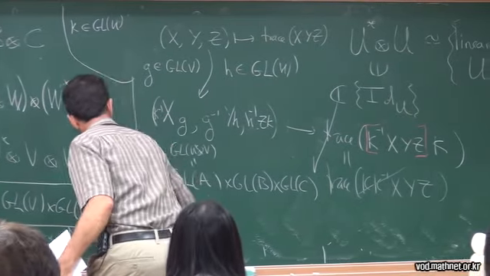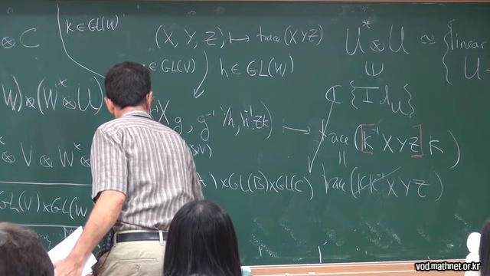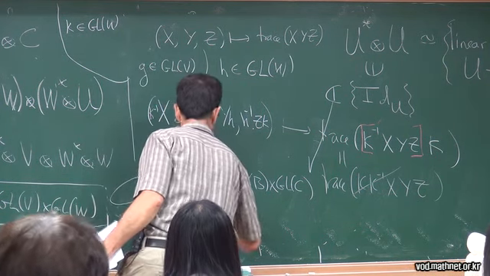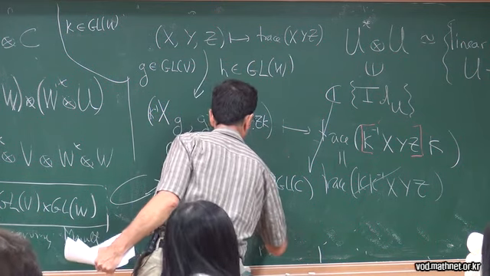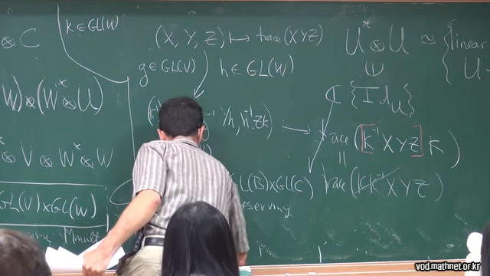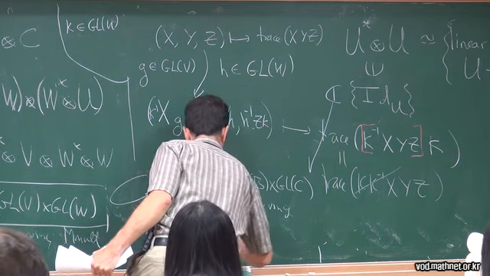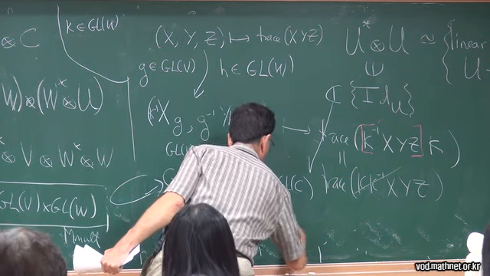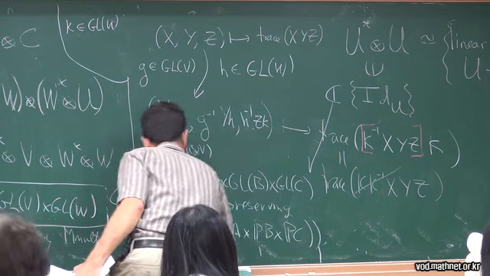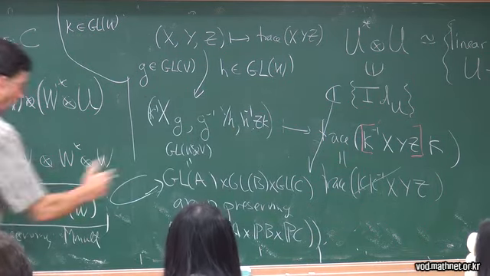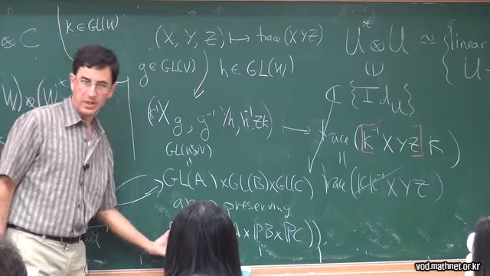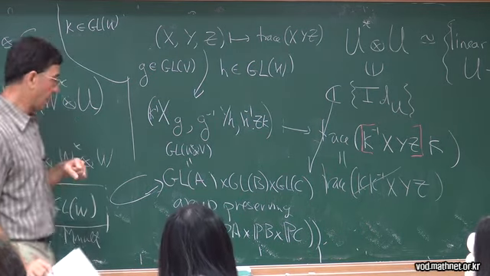This group is a subgroup of this in a natural inclusion. This is the group preserving the variety that we're interested in. Well, the variety we're really interested in is its secant varieties, but of course, if the group preserves X, it's going to preserve the secant varieties of X as well.